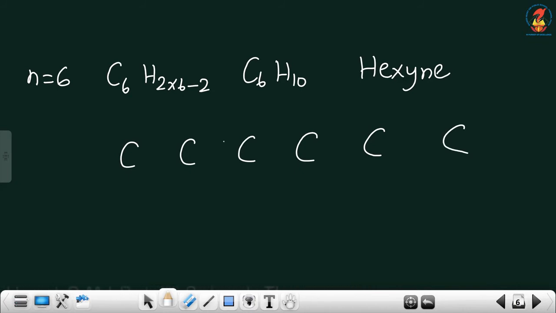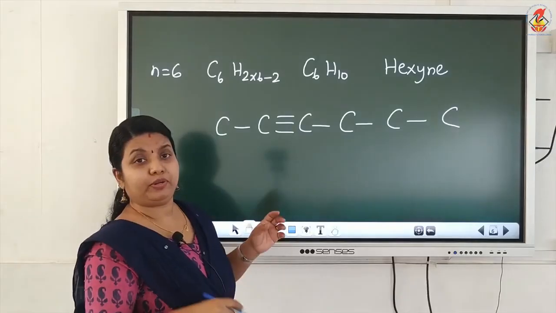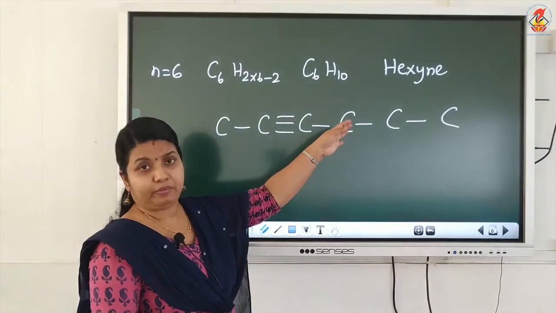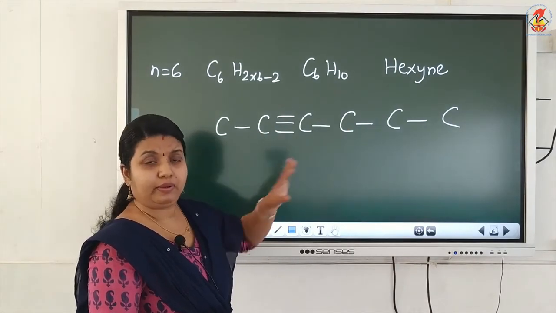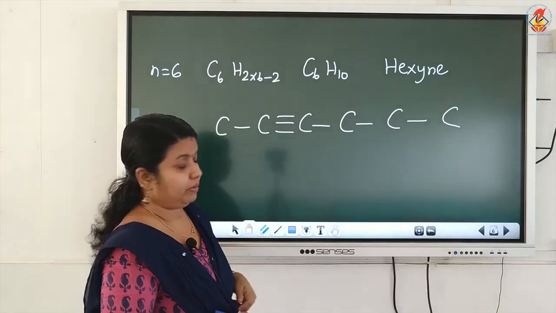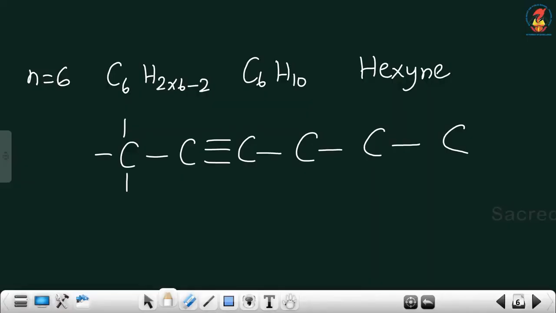So draw 6 carbon atoms. Somewhere you put the triple bond. So it is your choice, children. You have the freedom of putting the triple bond anywhere in the carbon chain. Only one triple bond anywhere in the carbon chain between any 2 carbon atoms. So here 3 free valencies. Second carbon has all the valencies occupied. Third carbon also has all the 4 valencies occupied. Now coming to the 4th carbon, it has 2 free valencies. 5th also 2 free valencies, and the 6th one 3 free valencies.